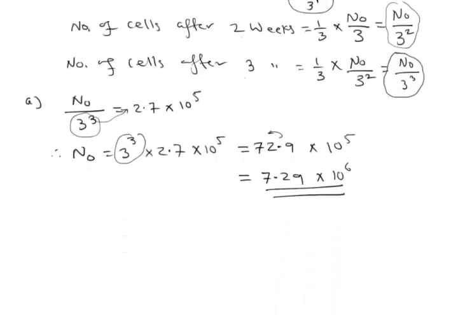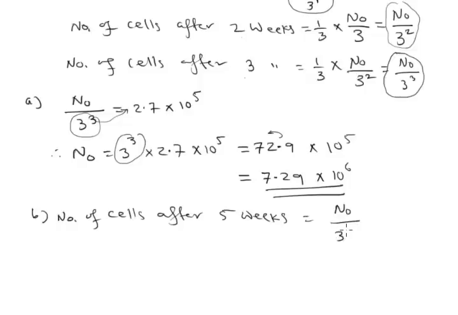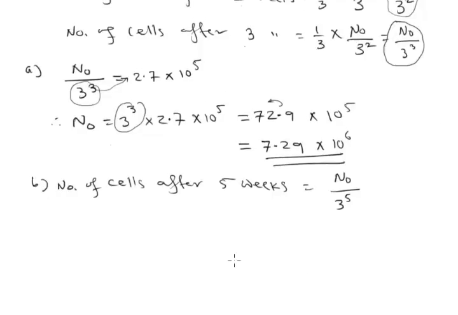So the number of cells after 5 weeks will be N0 divided by 3 to the power 5, where N0 is 7.29 times 10 to the power 6, divided by this 3 to the power 5.